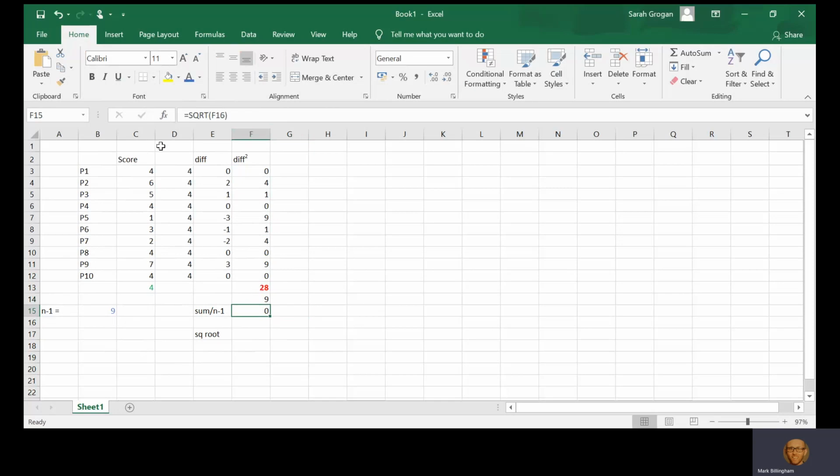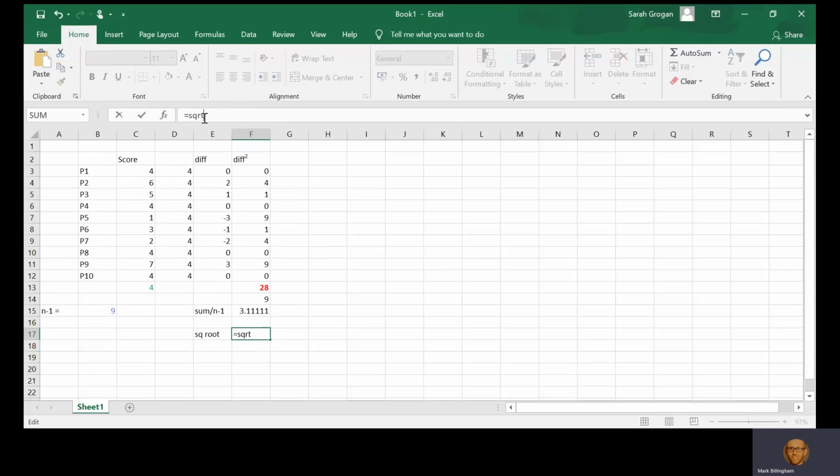So I need to put back in there that 28 divided by 9. So let's do that again, sorry. There is 3.111 again. So this is where we need to put the square root. That was my mistake.